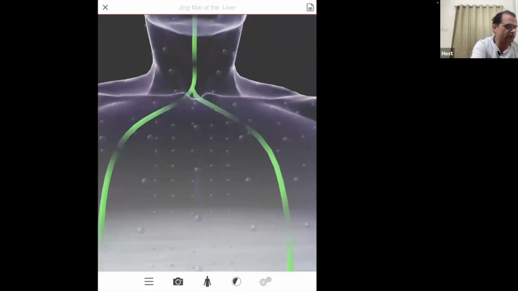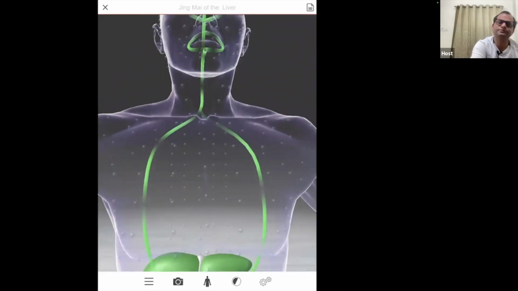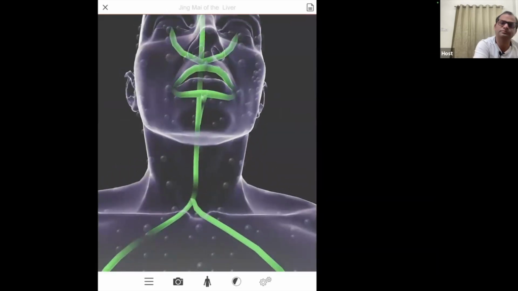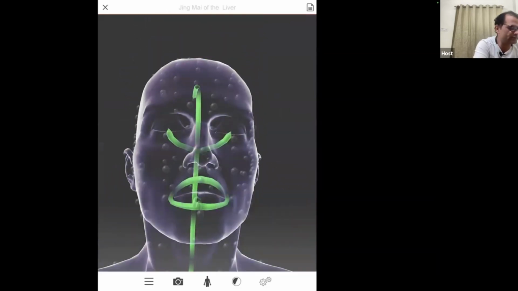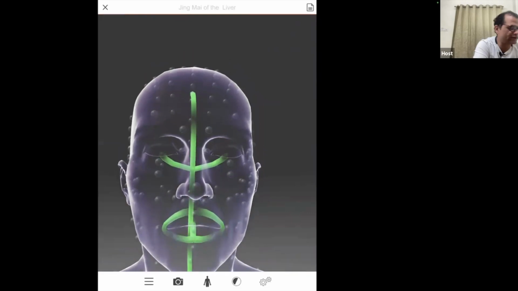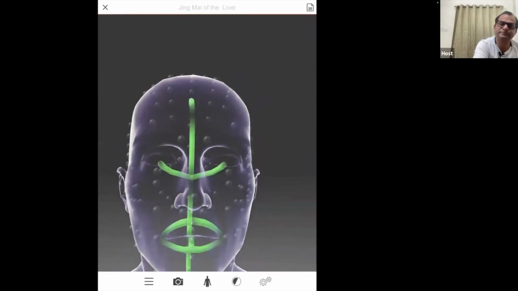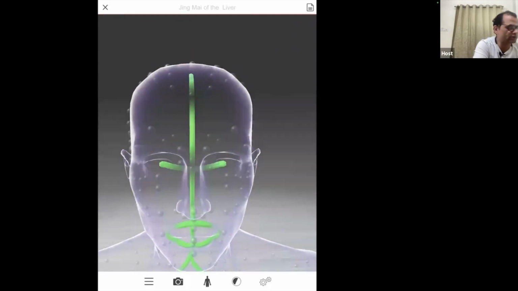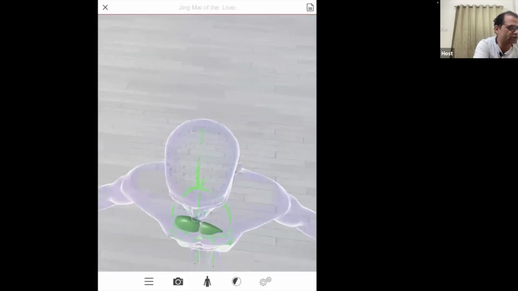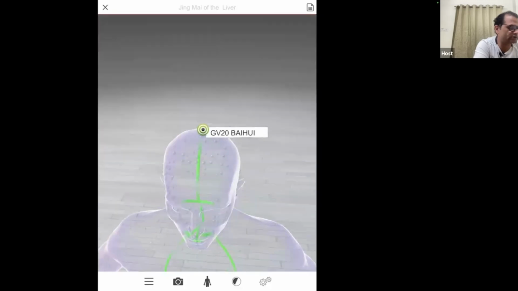There might be heart problem. There might be throat problem. There might be problem in the lips. There might be problem in the eyes. There might be problem in the head, because the liver meridian reaches to the governing vessel 20.